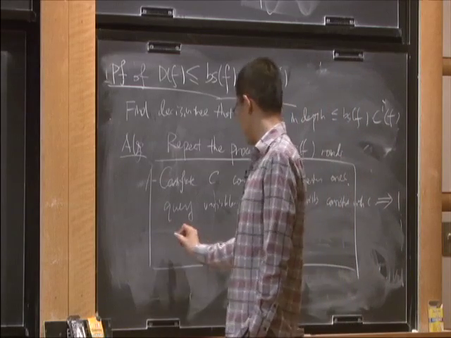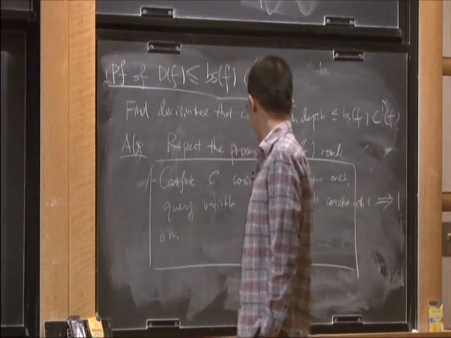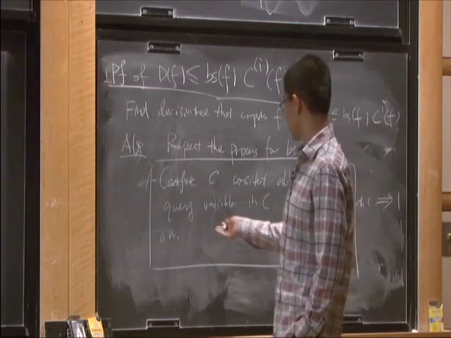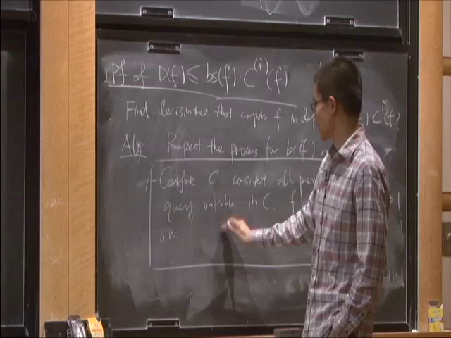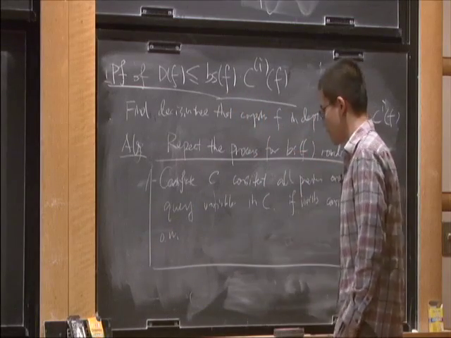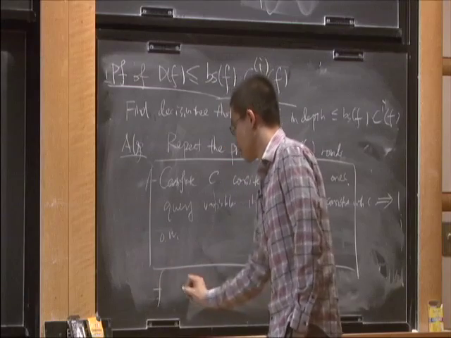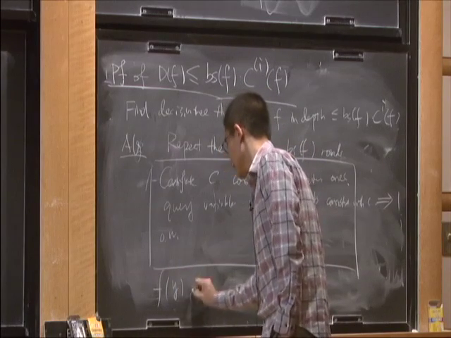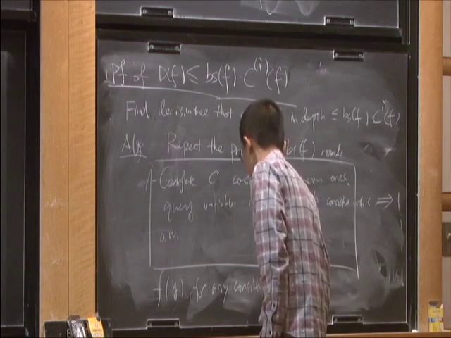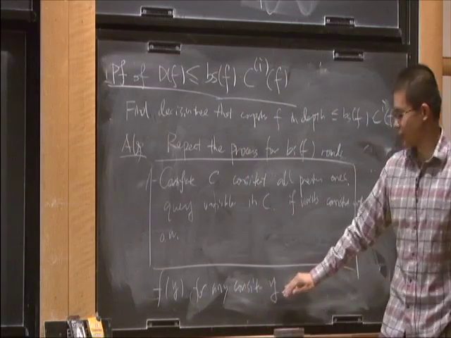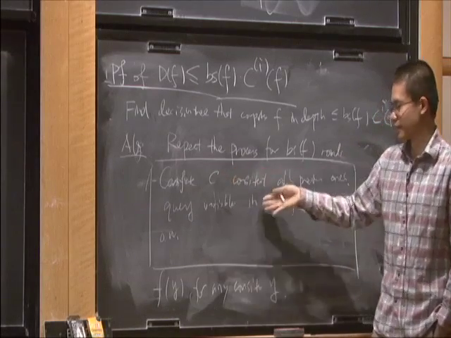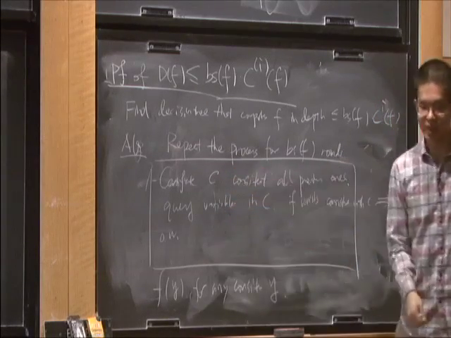Otherwise, we just give values to these variables and keep doing this process. So we repeat this for bs of f rounds. Then finally, we output the value of f(y) for any consistent y. Consistent means y has the same coordinates as all the previous variables that have been queried.